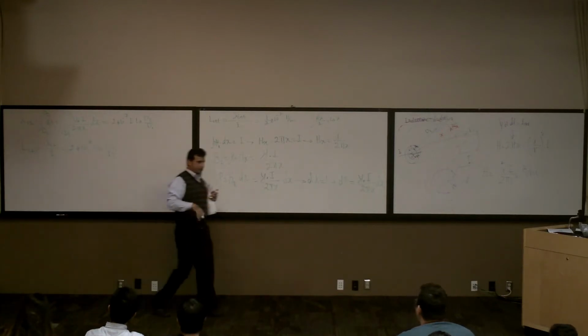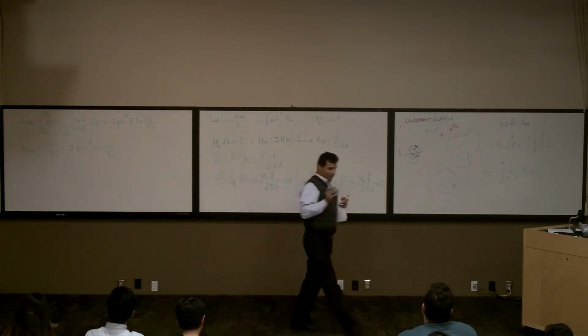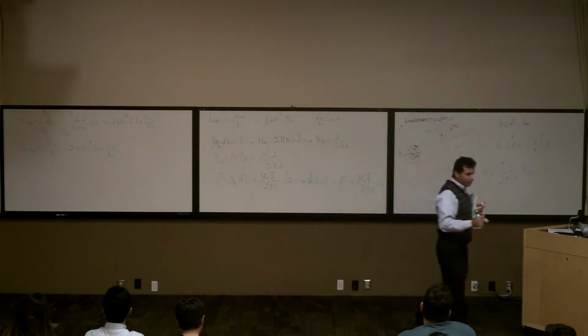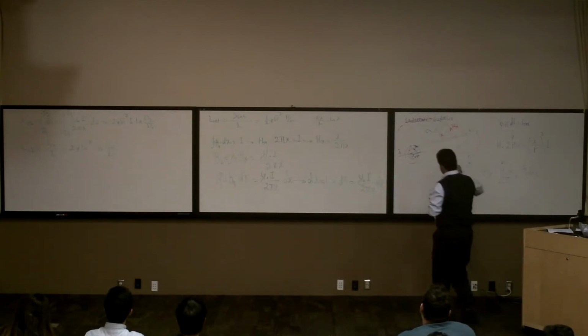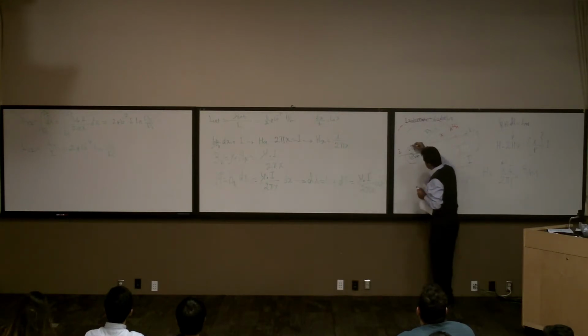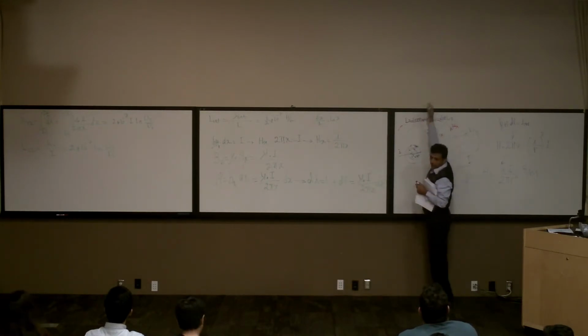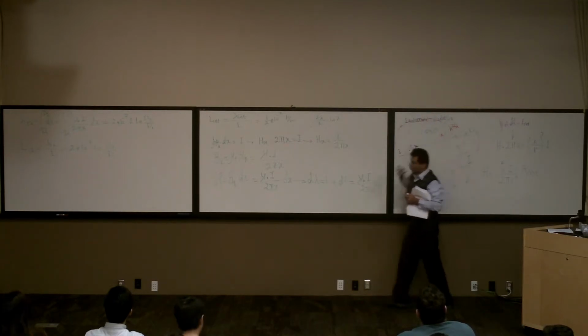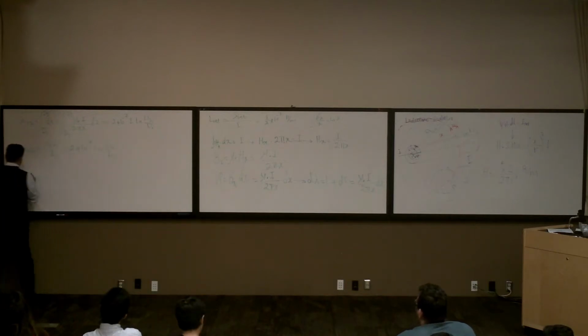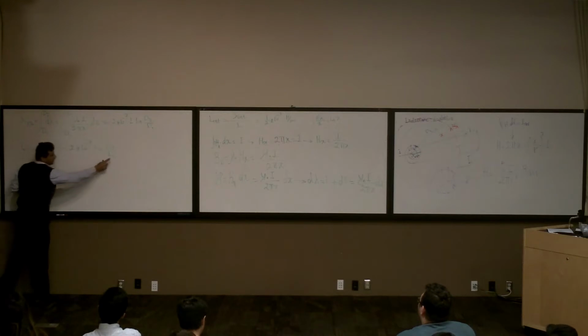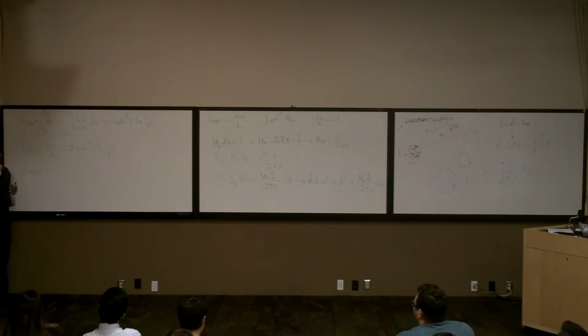Okay, so we calculated L internal. Now I want to calculate L external. External means starting from this point, all the way to a distance of D. I call it L ext. For the conductor, how much is D1? D1 is R, as soon as we go outside the conductor.